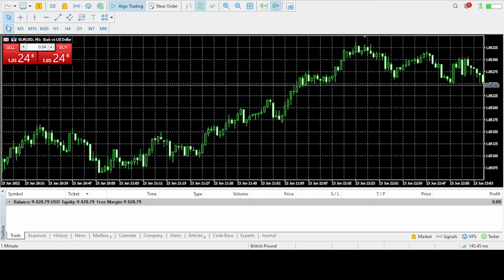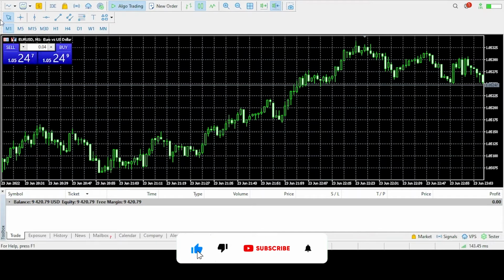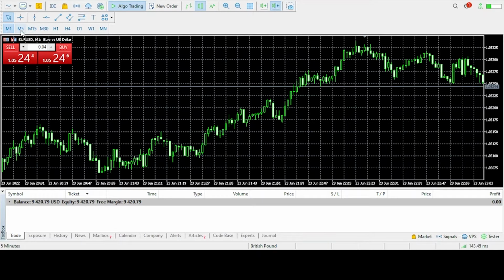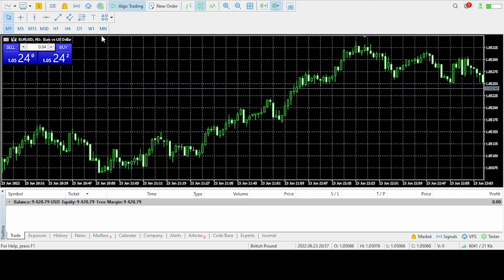and frame means period. As you can see here, we have M1, M5, M15, M30, H1, H4, D1, W1, MN. These are various options available.